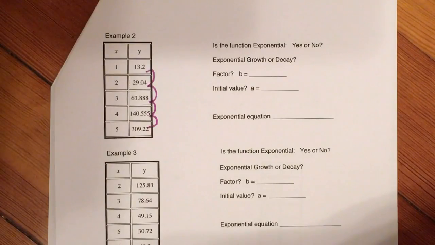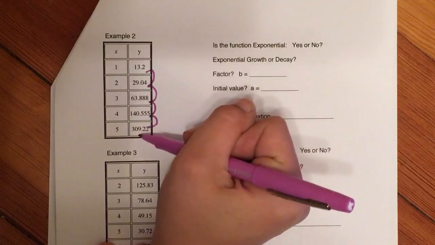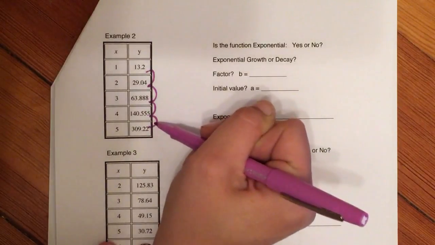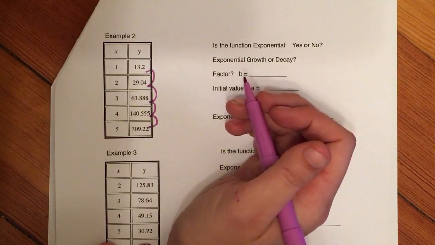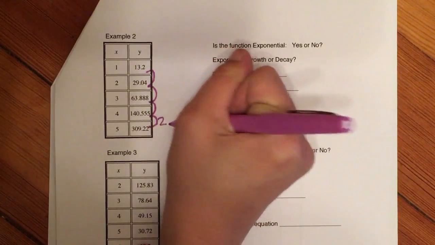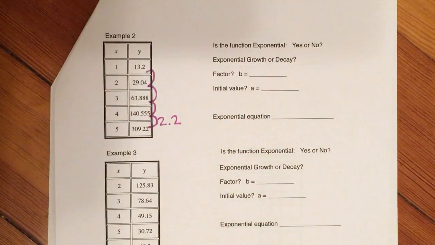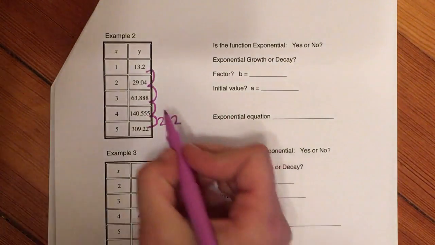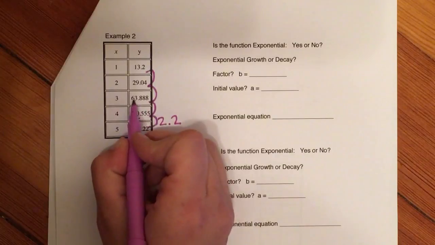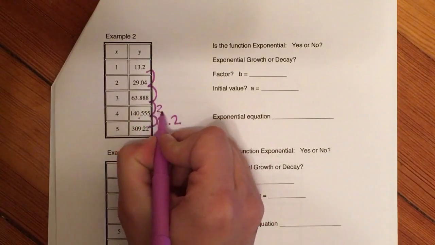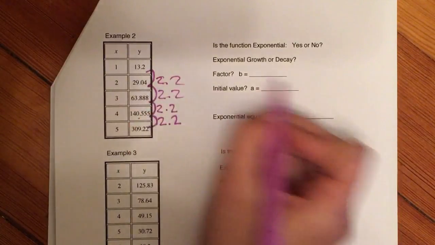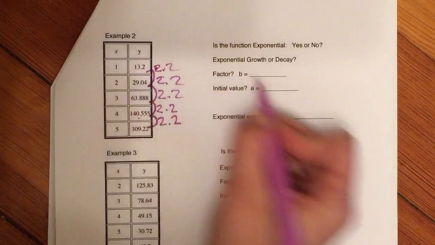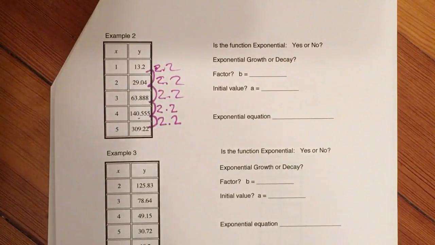So you can take out a calculator and divide each of these up. 309.22 divided by 140.555 is roughly 2.2. As you keep dividing up on your calculator, 140.555 divided by 63.888, you're going to find a constant rate or a constant factor of 2.2.